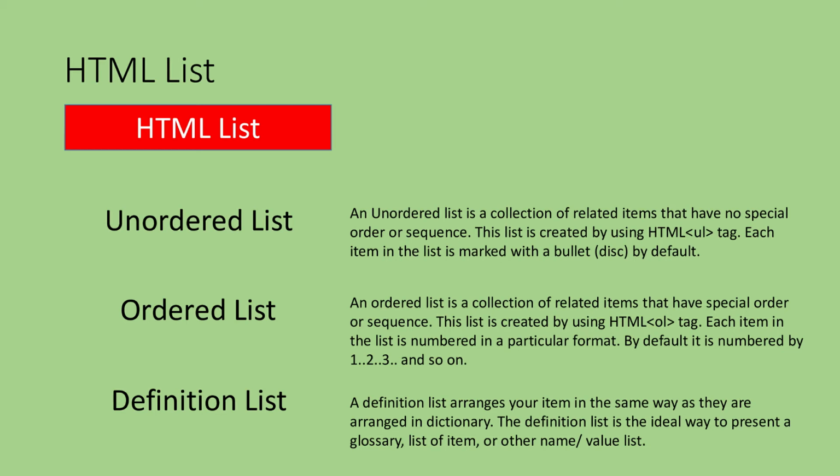Here you can also specify the type of numbering by using the type attribute such as uppercase, lowercase, alphabetic order, etc. when defining the ordered list.